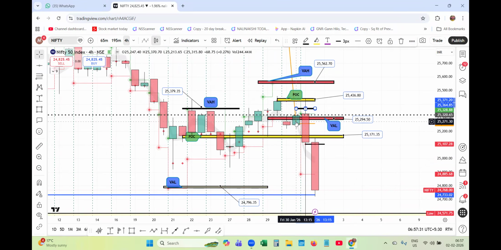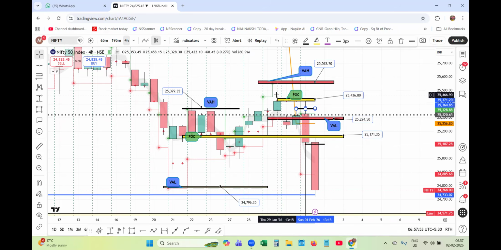That is the high of the day before yesterday's candle, which was 25,370. It moved up to 25,440. It took the liquidity.